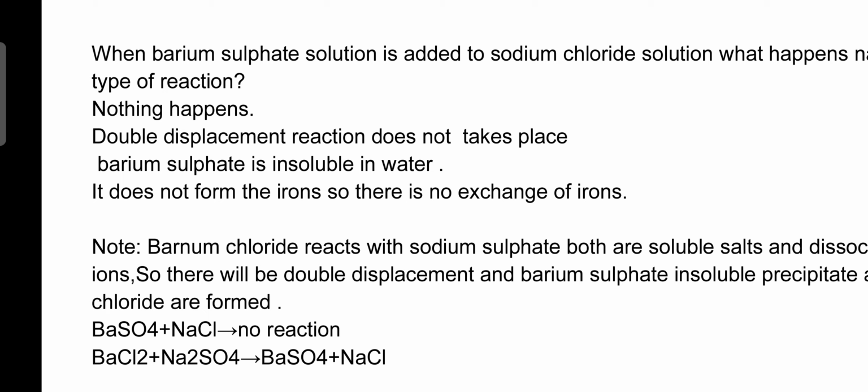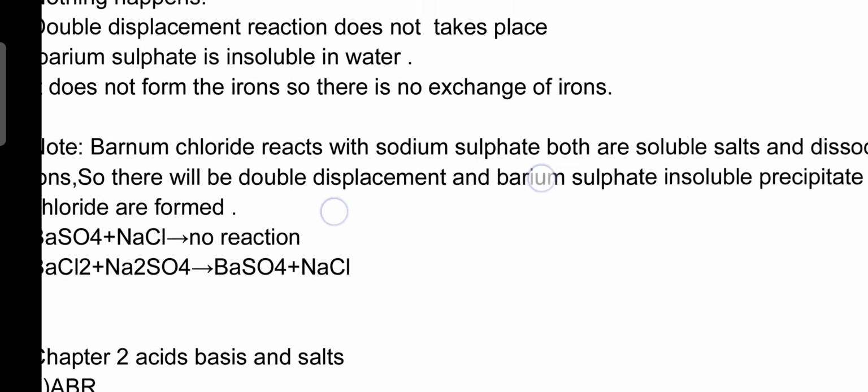But here barium sulfate being insoluble salt, it doesn't form the ions because it is insoluble in water. As it is not able to form the free ions, there is no exchange of ions and there is no possibility of double displacement reaction. So nothing happens when these two chemical compounds are mixed.